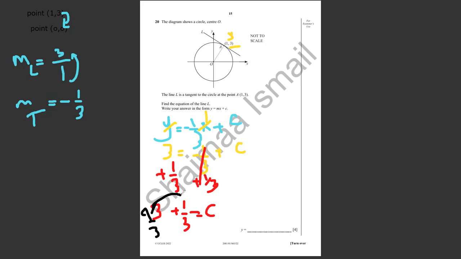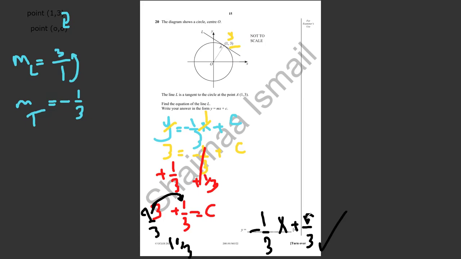So 9 plus 1 equals 10 over 3. So y equals negative 1 over 3 x plus 10 over 3. Did it.